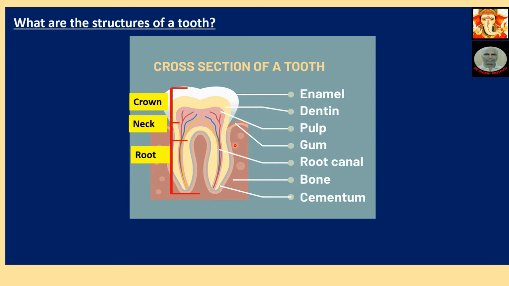After pulp comes gum, then root canal. Nowadays root canal therapy is done by removing this portion, the root canal, then bone, finally cementum. Just the uppermost layer of the tooth.